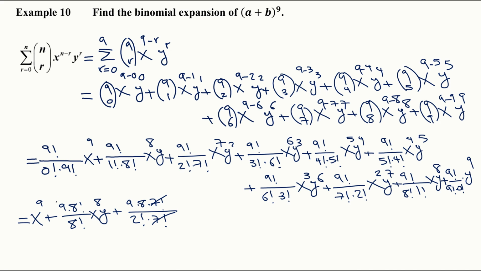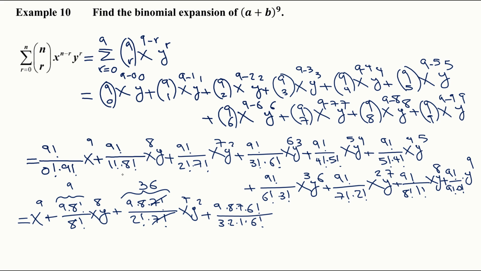So we just figured out this here is just 9. This is 36, right? And then x to the 7 y squared plus 9 times 8 times 7 times 6 factorial divided by 3 times 2 times 1 times 6 factorial, right?